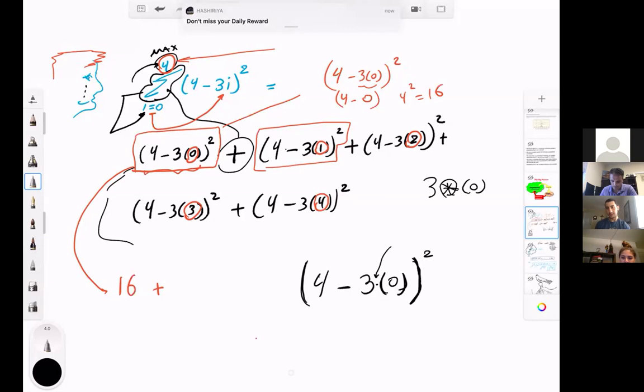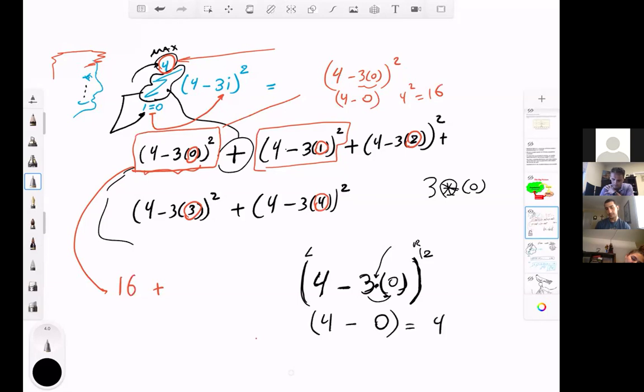Before we go from left to right, we have to follow PEMDAS, correct? Parenthesis, exponent, multiplication. So should I subtract 4 minus 3 first, or multiply 3 by 0? 3 by 0 is 0. Then we have 4 minus 0 is 4. Now we're done with the parenthesis, then we have the exponent here. 4 squared gives us 16.